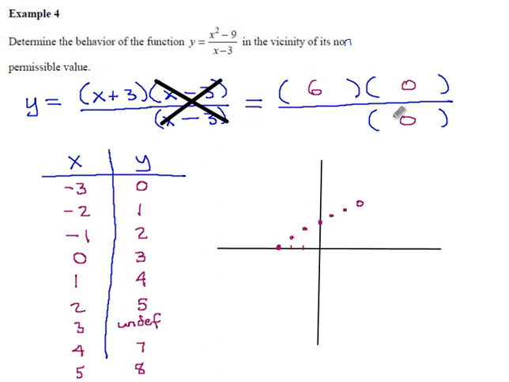So the function blips there, and then it snaps right back into line, and we get 4, 7, and 5, 8. So this graph, sorry, it picked up a bit of a curve, but that's the idea, is a nice straight line everywhere except right at that point. It behaves exactly like y equals x plus 3, except right there.